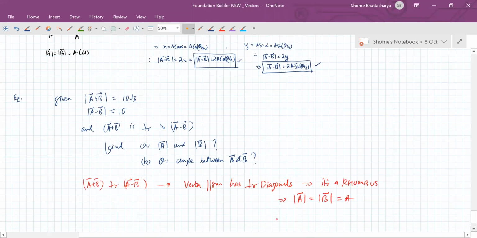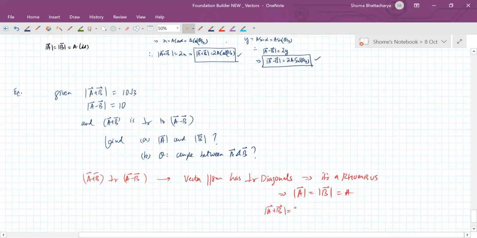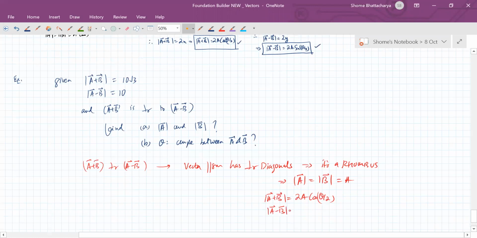Okay. So a plus b is 2a cos theta by 2. a minus b is 2a sin theta by 2. Okay. So this thing is 10 root 3. This is 10.